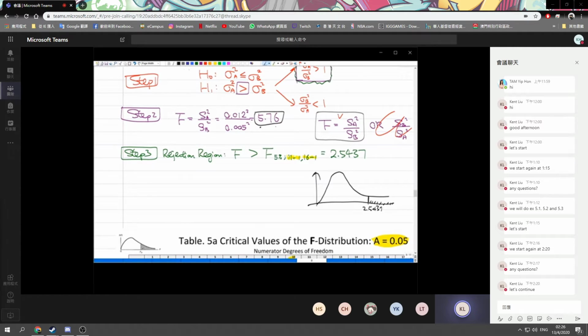Now we can state our conclusion: reject the null hypothesis at alpha equal to 5%. That means we have evidence that the variance in line A is greater than that in line B.